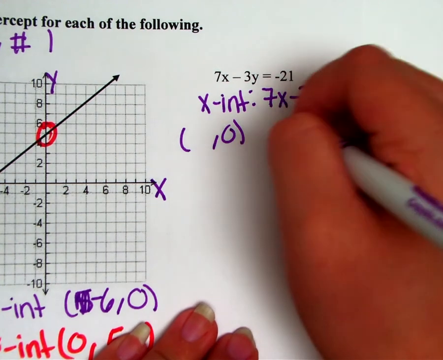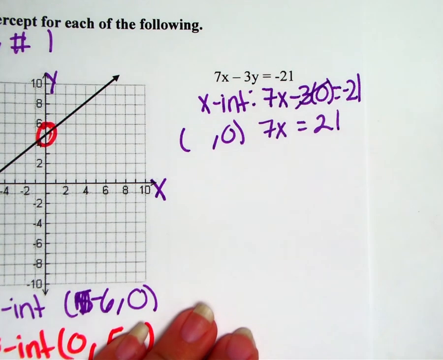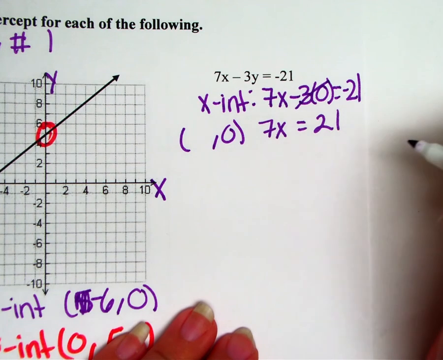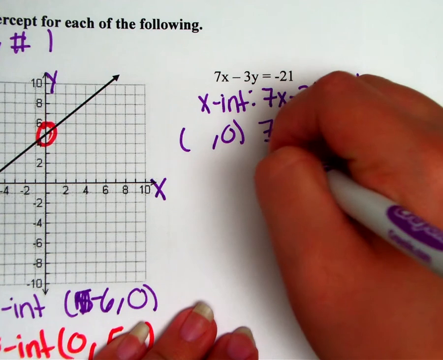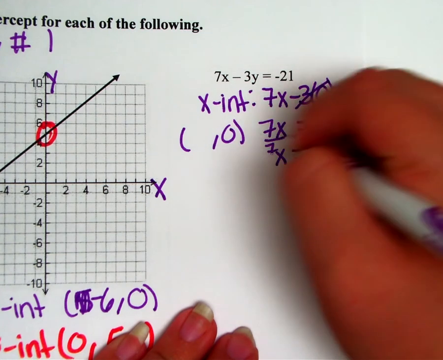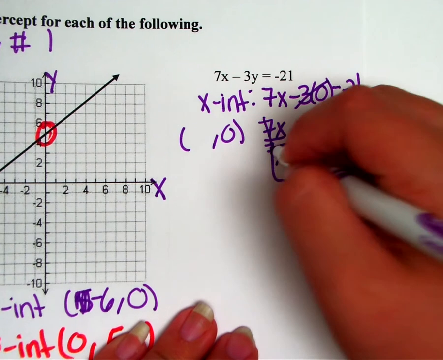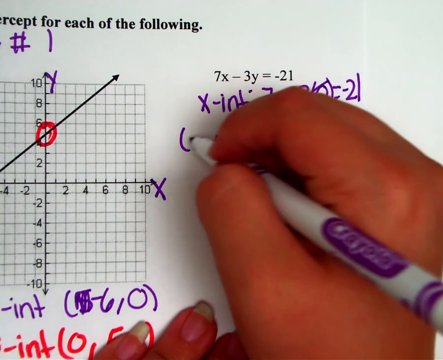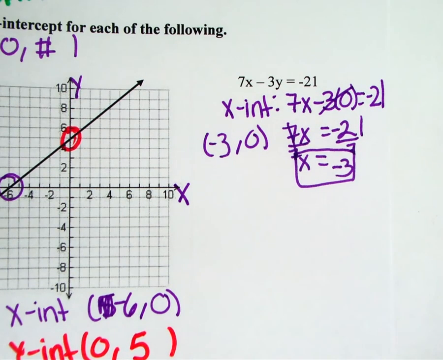So I will have 7x is equal to negative 21. So x is going to be, when I divide by 7 on both sides, a negative 3. So I just need to plug that into my point, and I'm done.